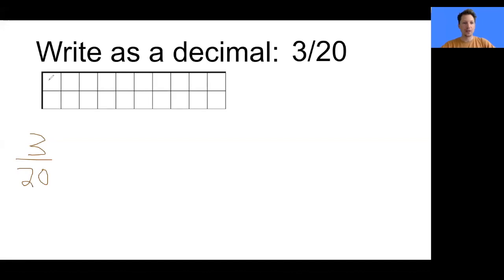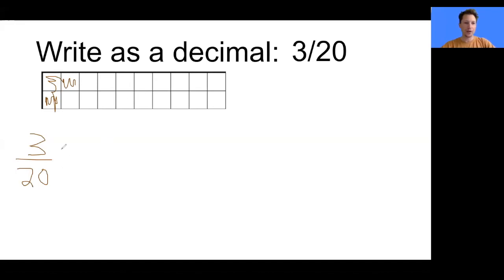So if you have a look, we have 1, 2, 3, 4, 5, 6, 7, 8, 9, 10, and there are 2 rows. So we have a total of 20. That's why I'm showing you, because we have a total of 20 for 3/20. And I like to shade these in. So I'm going to shade this, and I'm going to shade that, and one more. I've shaded 3 out of 20.